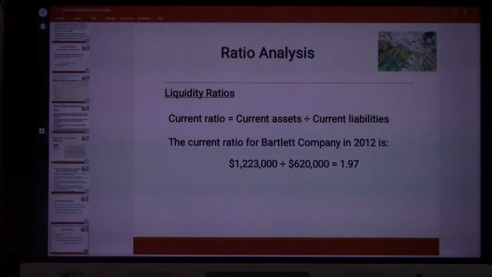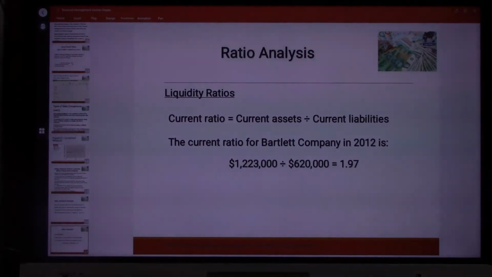Let us start with the first dimension, which is mainly concerned with liquidity ratios. To assess the liquidity performance of a specific firm, especially short-term liquidity, we could use three types of ratio. The first one is called the current ratio.